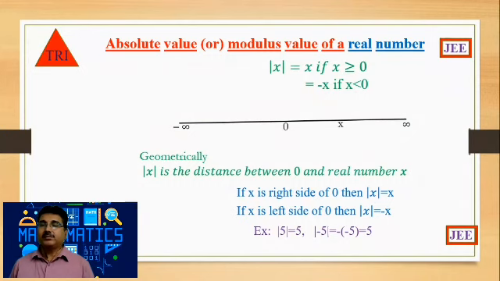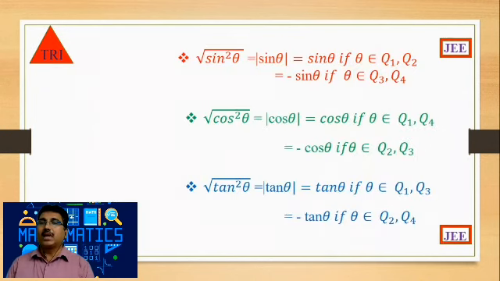In trigonometric functions, what is the value of root sine square theta? Many of the students respond immediately, simply sine theta, right? But root sine square theta is also equal to plus or minus sine theta.